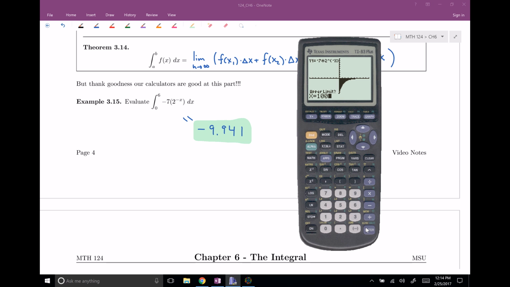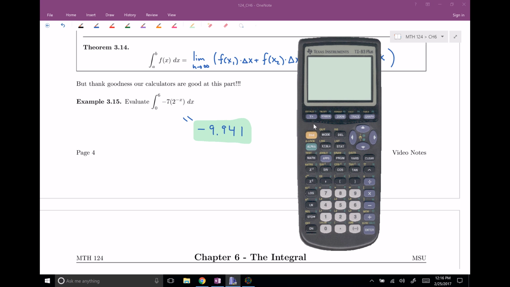So add up all that area from 0 to 100, enter, and it says, oh, error, right? Because it wants to be able to actually see that function, and our window is only set from -10 to 10. So there's actually a little bit better way to do this where you don't have to mess with the window of the calculator and all that stuff. So let me show you that really quick.